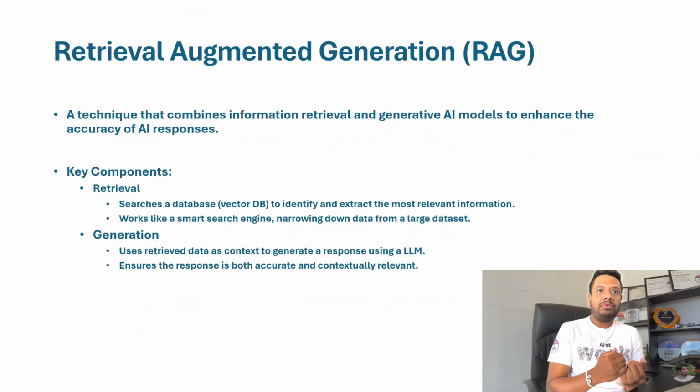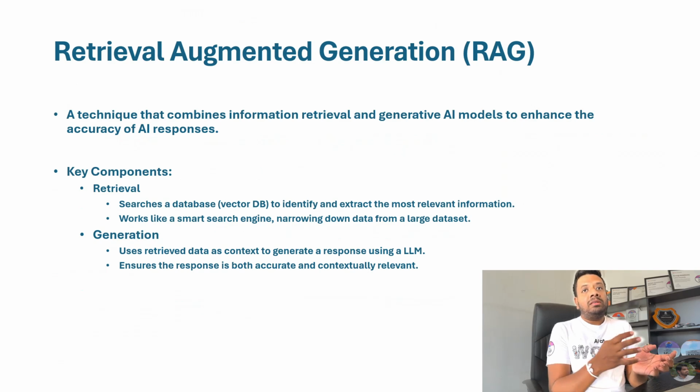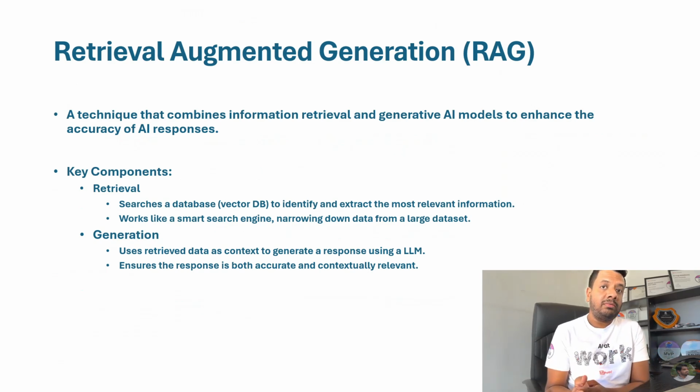Once you identify it, it uses your selected generative AI model or a large language model, and based on the information and instructions you have provided, it will generate relevant information. So this whole process is called RAG.